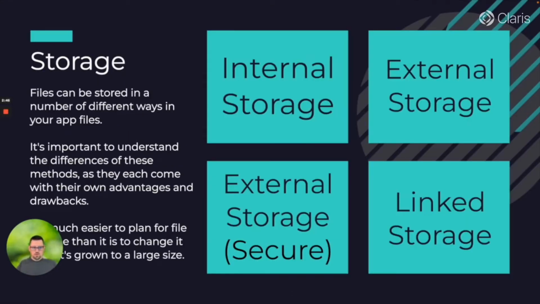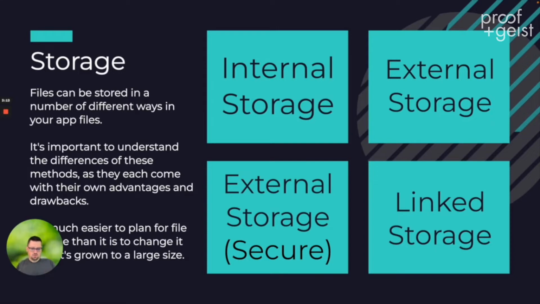All right. So let's first talk about all of the different types of storage that's available to you with the FileMaker platform. We can store data in a number of different ways within your app files, and it's really important to understand these different ways because you're going to have to choose what's right for you. There's no single source of truth that this is the best way and everybody should use it.